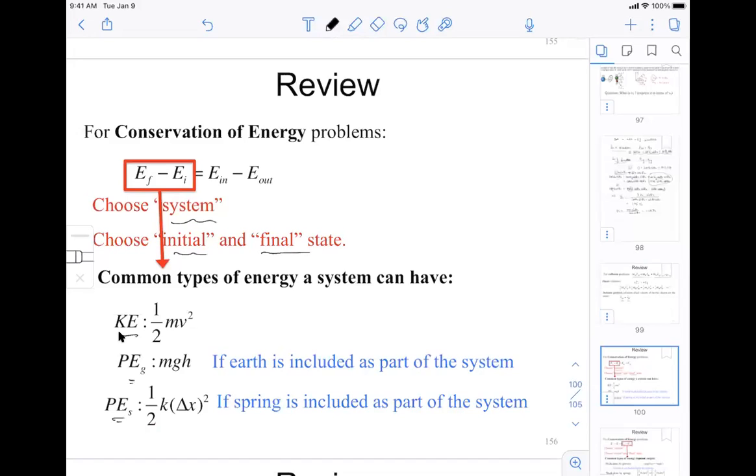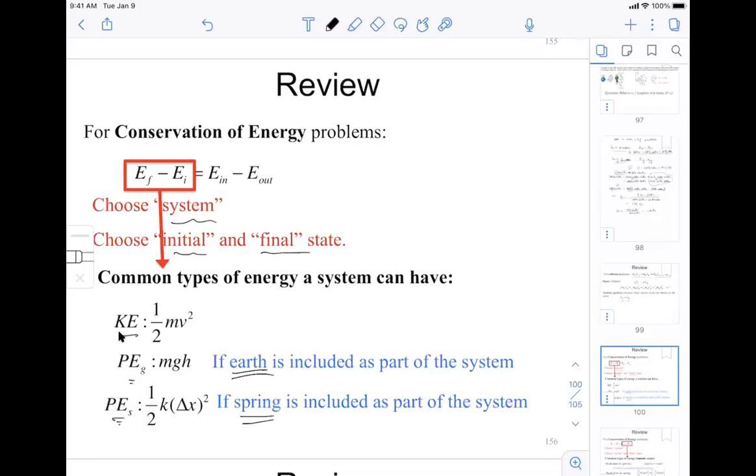So if you want to use gravitational potential energy, you need to include Earth. If you want to use elastic potential energy, you need to include the spring. If you don't include them, they have to come up in terms of the work done, in terms of the transfer.